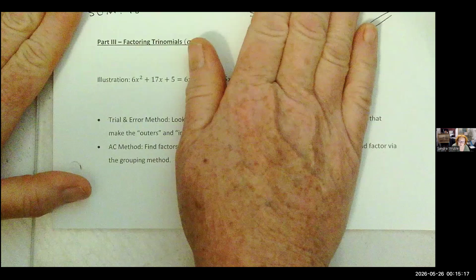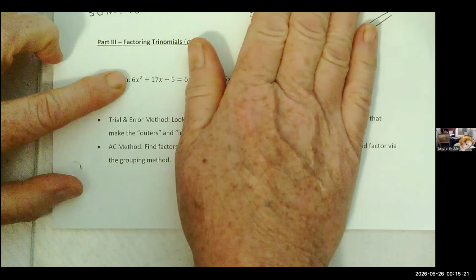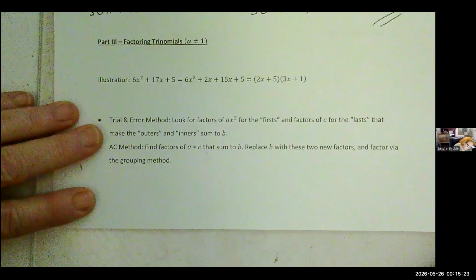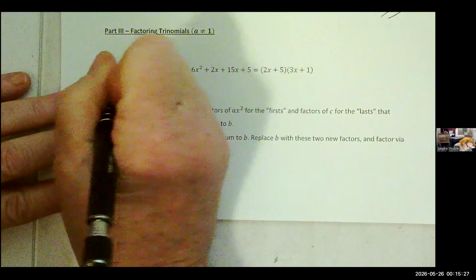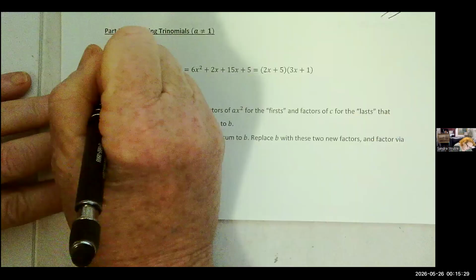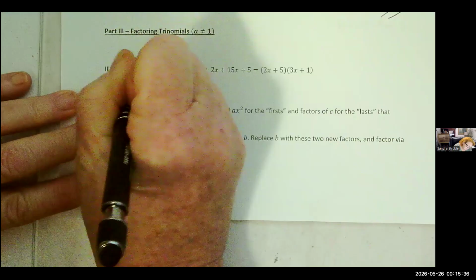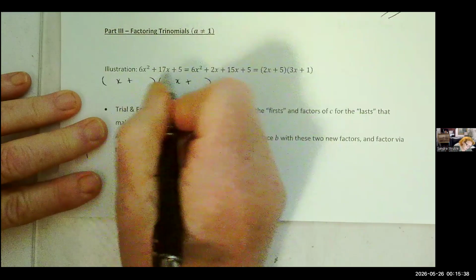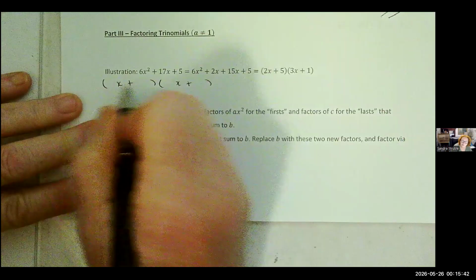All right, we'll start with the 6x squared plus 17x plus 5. Ignoring everything they've done here, let's just do this ourselves. The trial and error method. Well, first of all, I know that they're both going to have x's and they're both going to be positive because everything's positive. Before I even start with the a term, let's go with what we've done up till now.